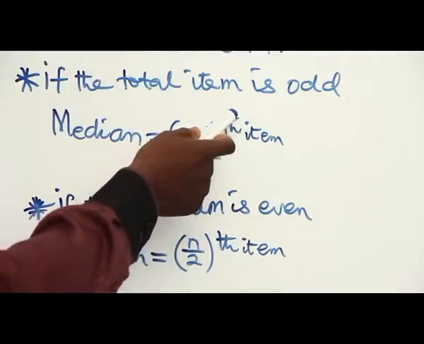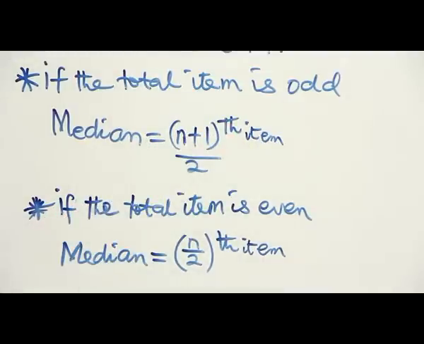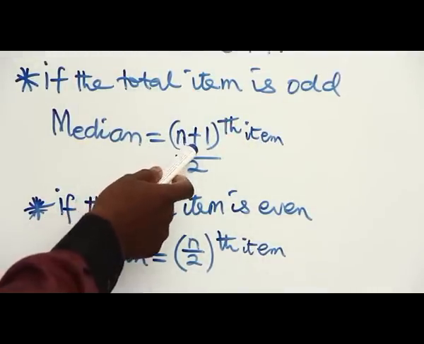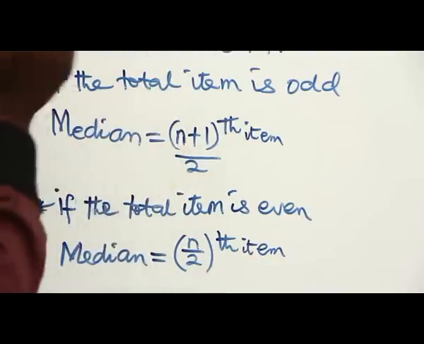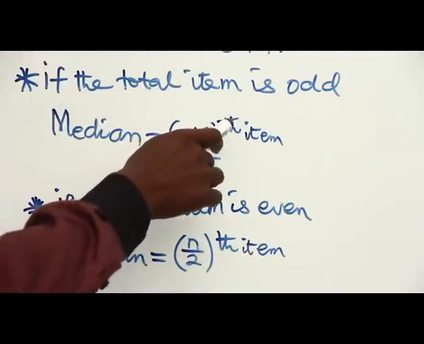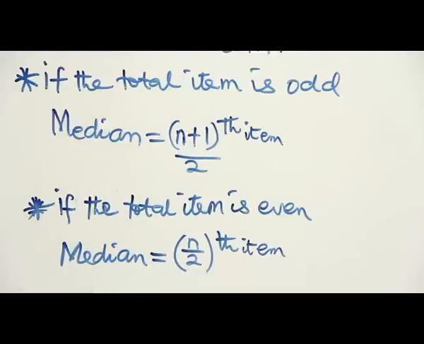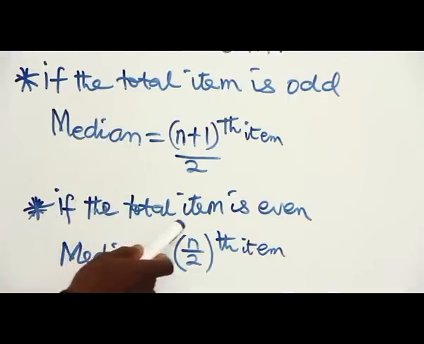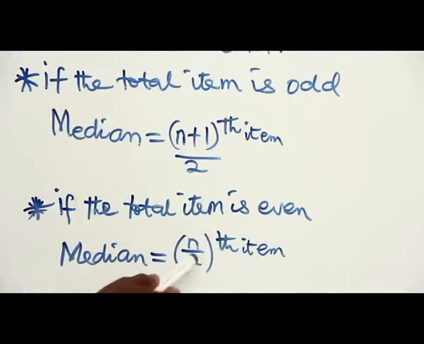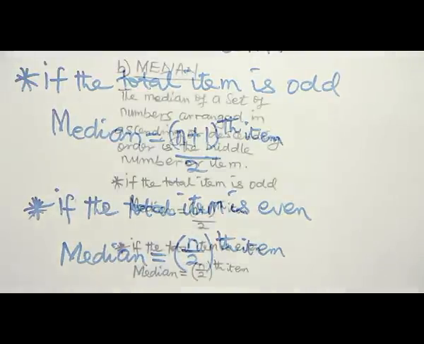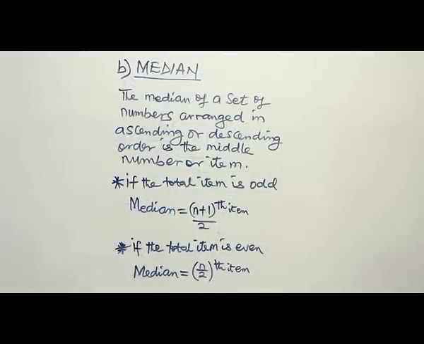This is the third item. If the total number of items is even, the median is the n over 2 item, so the n here stands for the two middle values divided by 2. That is the mean of the two middle values.